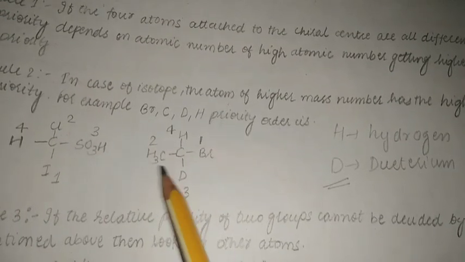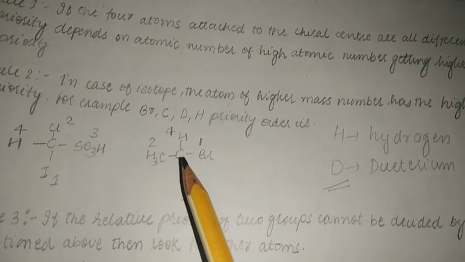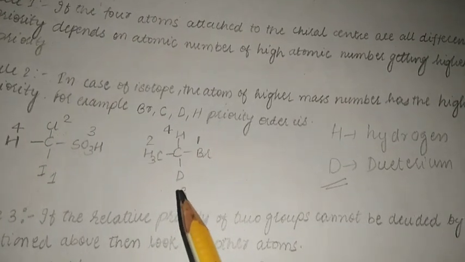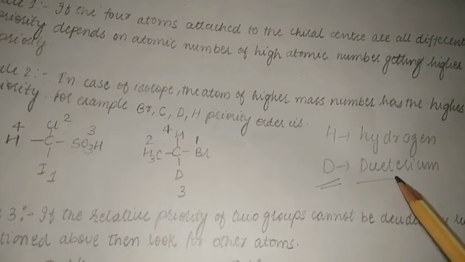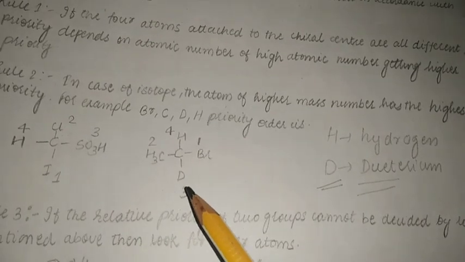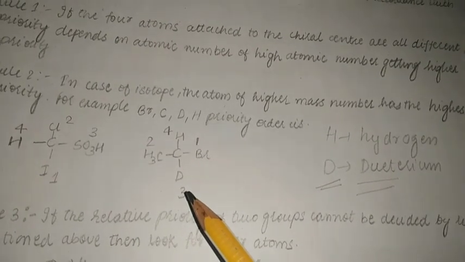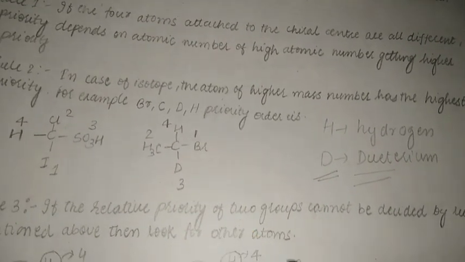Then comes carbon, then deuterium, then hydrogen. Why did we take deuterium at number 3? Because its atomic mass is high. Else we would have taken it at number 4.